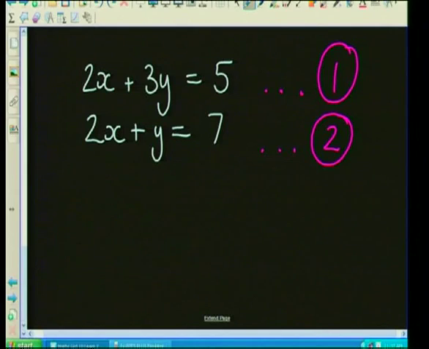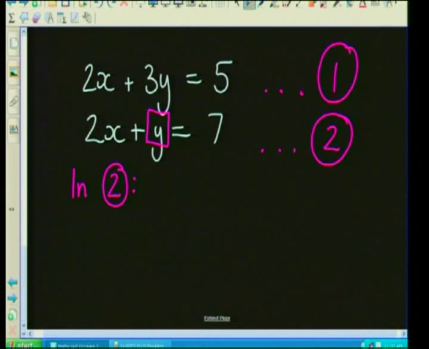In order for me to substitute one of these equations into the other one, I've got to make either x or y the subject of the formula. In other words, make it either x is equals to something or y is equals to something. In the second equation, it will be easier to do because y is on its own. So the first thing I'm going to write is in 2.